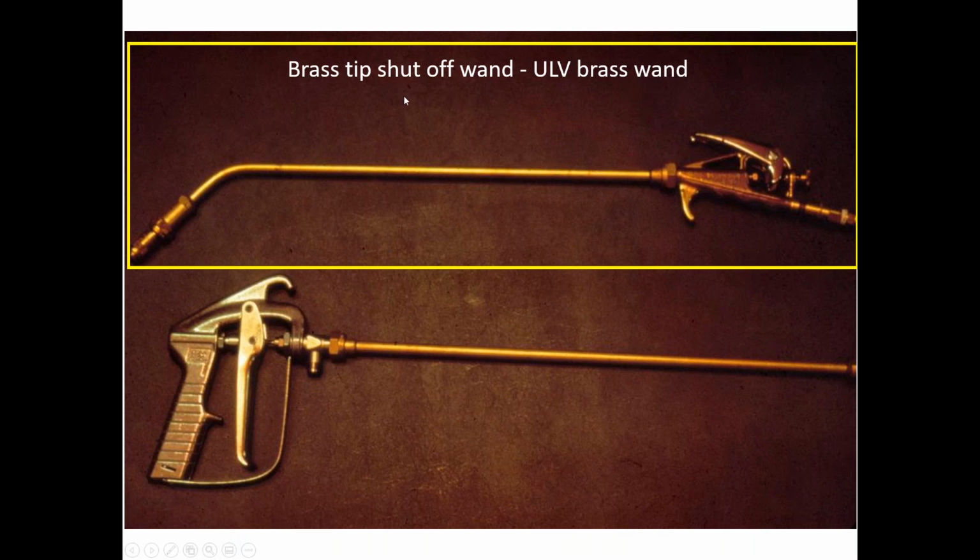The brass tip shutoff wands really prevent dripping and leakage, which is nice, and they're heavy duty and very durable. There's a bunch of parts to it, but the bottom line is you can replace just about anything on this wand relatively easily. So definitely recommend investing in some sort of brass wands. If you go the high road here, these are really the Cadillac for basal bark herbicide application.